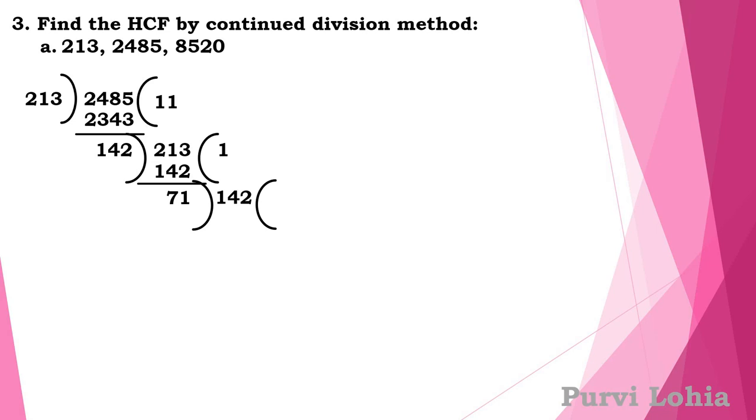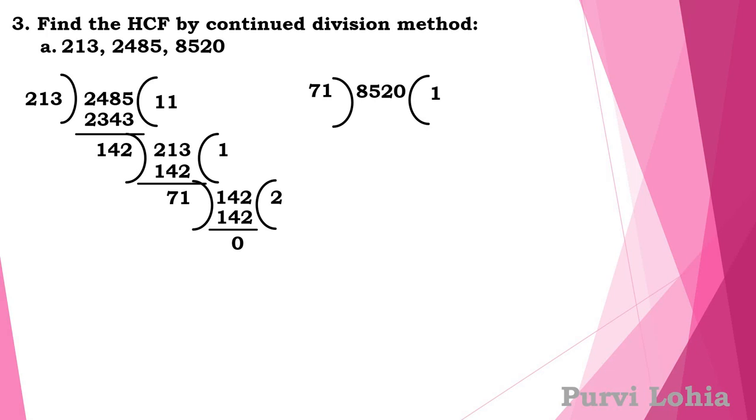So how many times will it go? 2 times. So this is your answer. Now in these two numbers we found the HCF to be 71. Now we will divide the last number by 71. Okay. So we divide 8520 by 71.